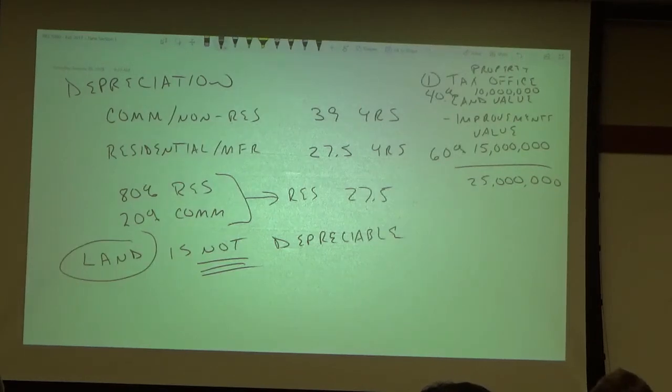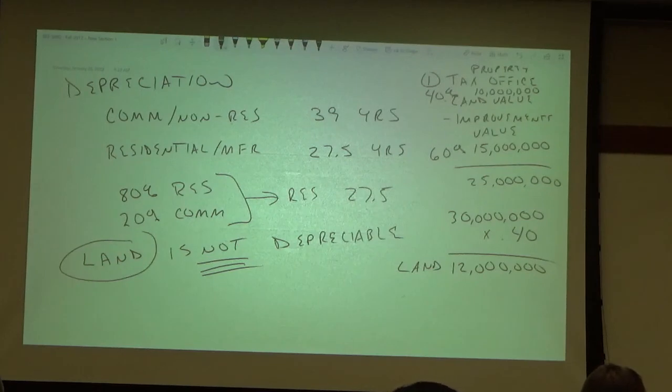So what the IRS allows you to do is to say, all right, I paid 30 million, but I can apply the same percentage that the tax office applied of 40%. So 12 million would be the land value, and then the remaining 18 million would be the improvements. Okay?